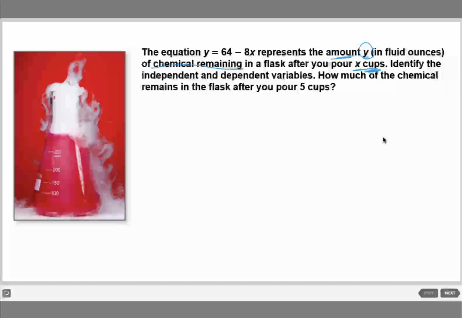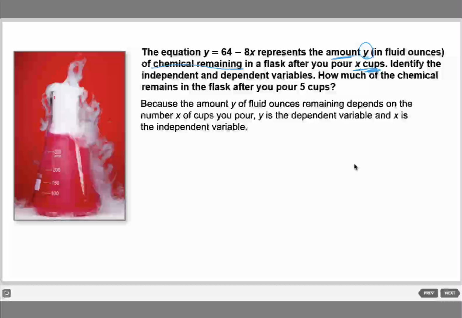So in this case, my heroes, we say that because the amount y of fluid ounces remaining depends on the number x of cups you pour, y is the dependent variable and x is independent because x can change freely. So this is the first part of the question.